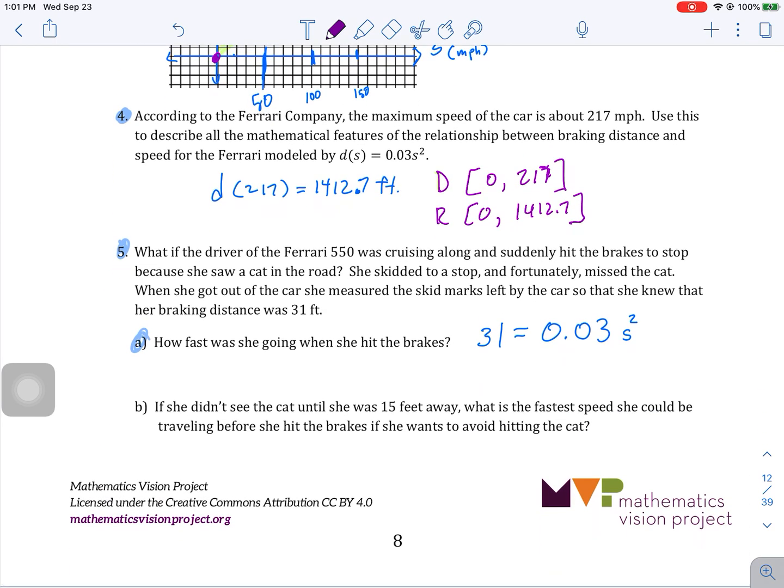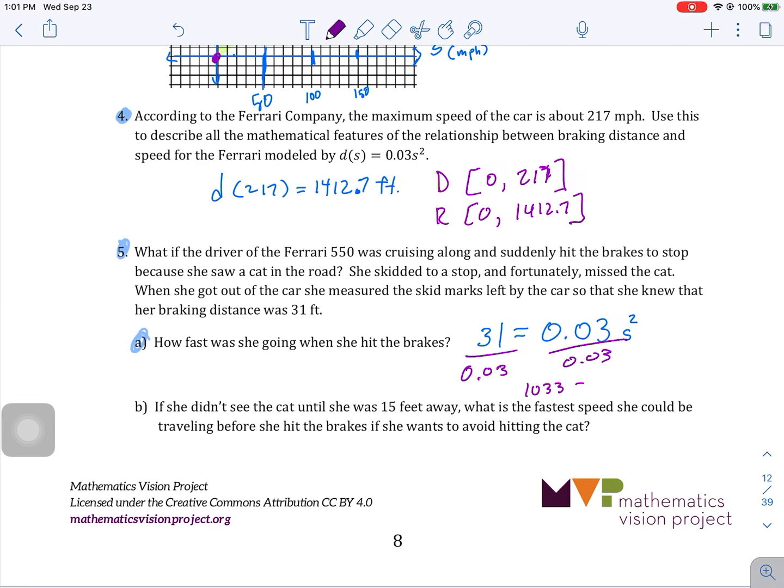And the other question is, what if they were cruising along and the braking distance was 31 feet? You could write an equation, 31 equals that. So if I divide both sides by 0.03, okay, then I go with my calculator on that probably, I get 1,033.